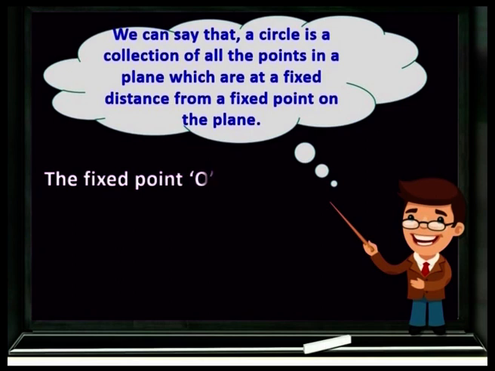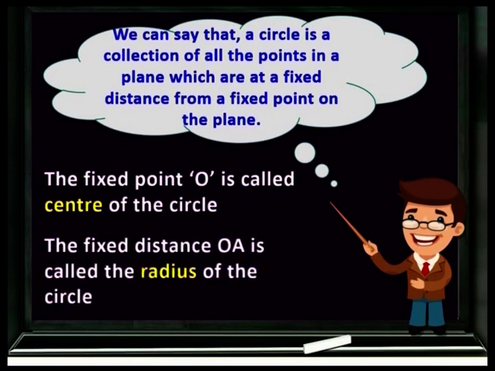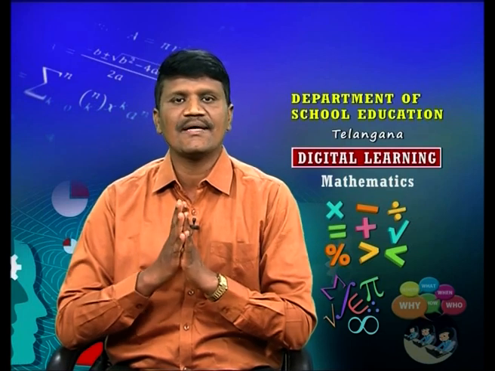The fixed point O is called the center of the circle and the fixed distance OA is called the radius of the circle.